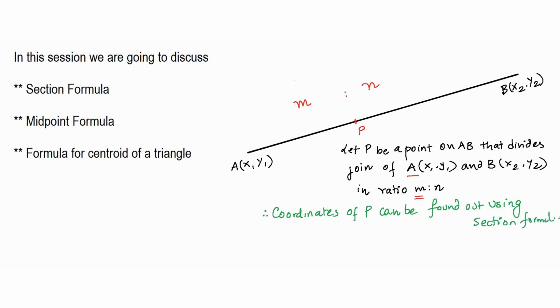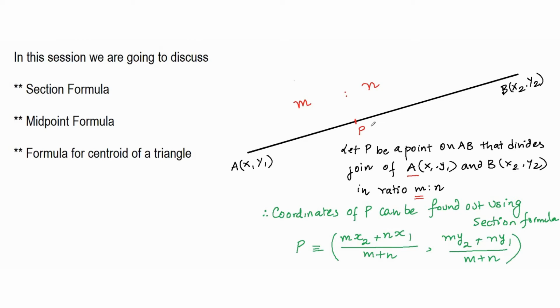The formula for the coordinates of P, and of course we are going to derive this, is m times x2 plus n times x1 divided by m plus n, comma, m y2 plus n y1 divided by m plus n.